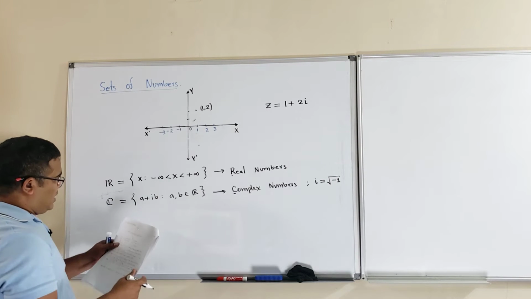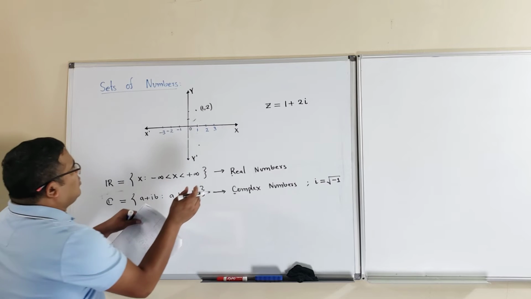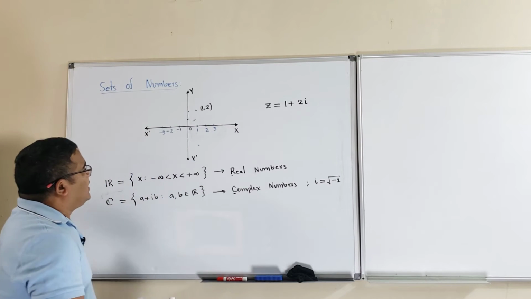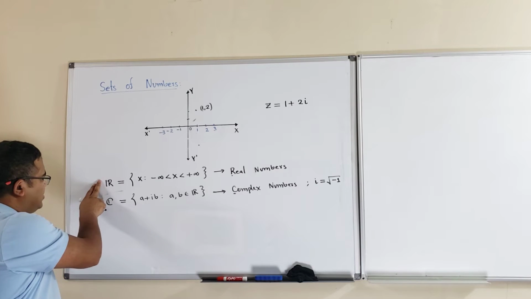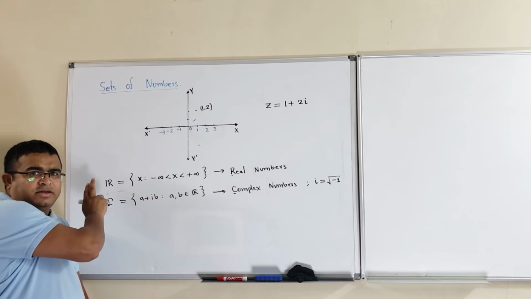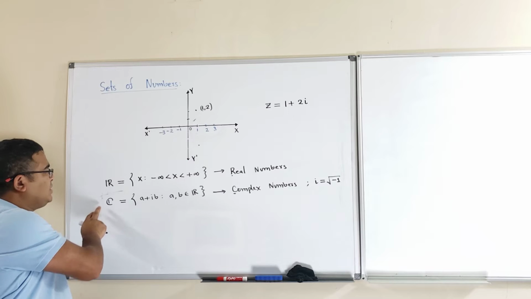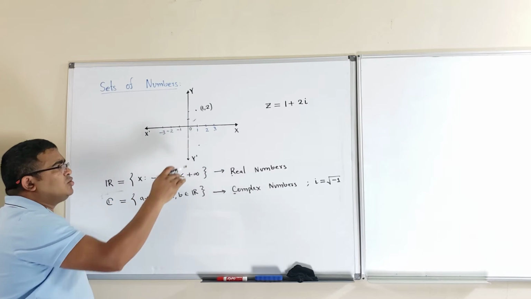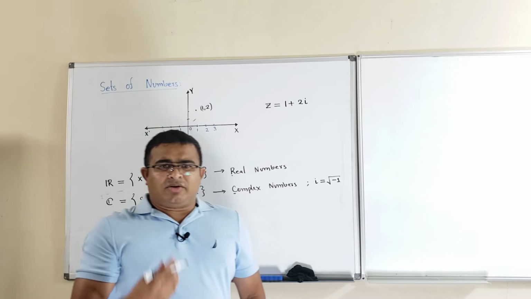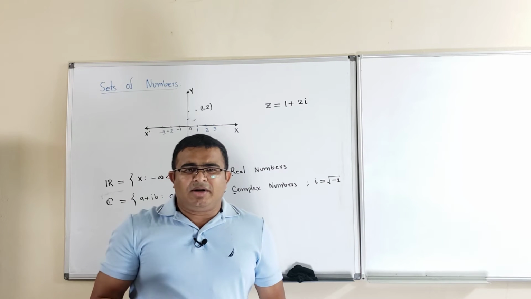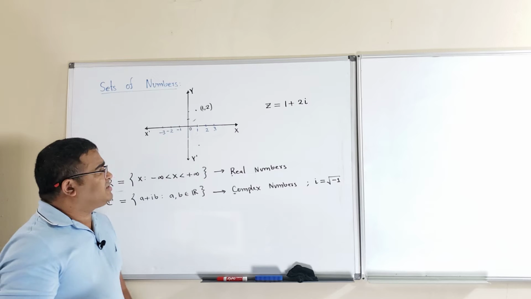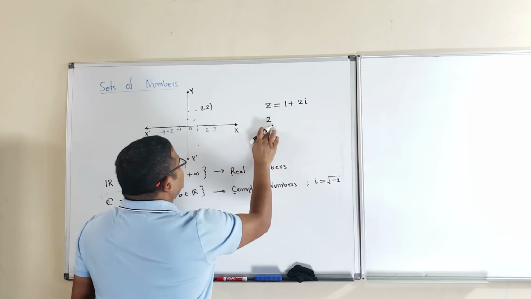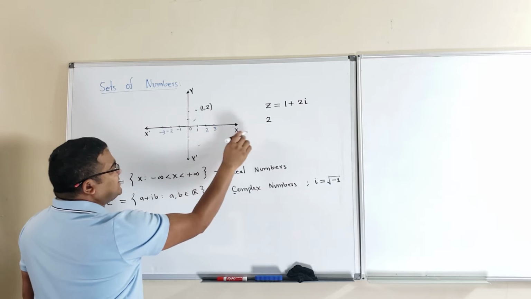Now, one more thing. What is the relation between real numbers and complex numbers? Did you see real numbers are on this plane? So, every real number is also a complex number. For example, 2 is a real number because it is on the x-axis.